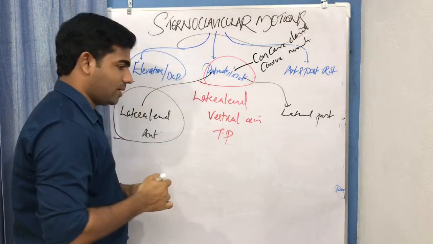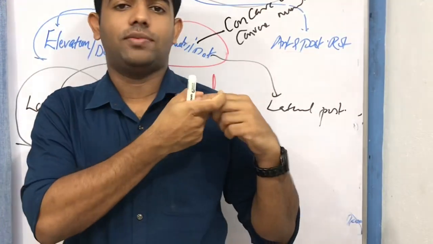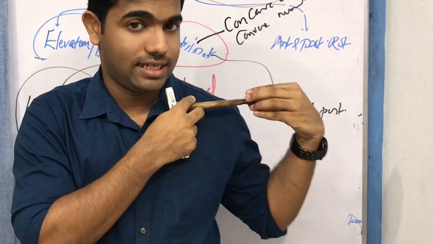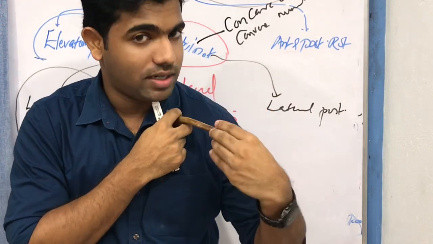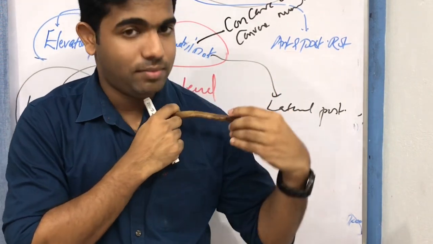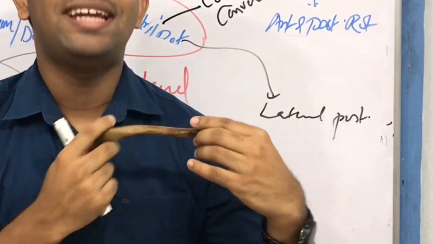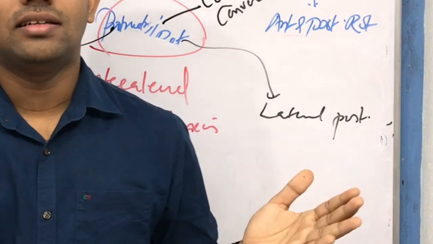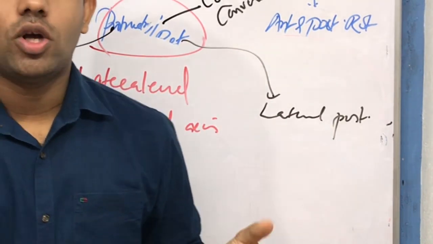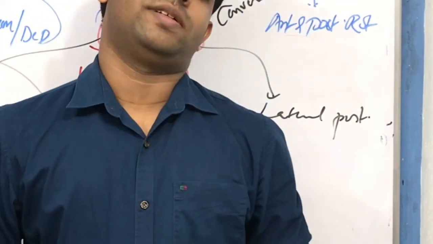So what happens? Here the lateral end of the clavicle moves anteriorly. At the same time, this one rolls anteriorly as well as glides anteriorly. Am I right? That is so simple, because the concave is the moving part over there.